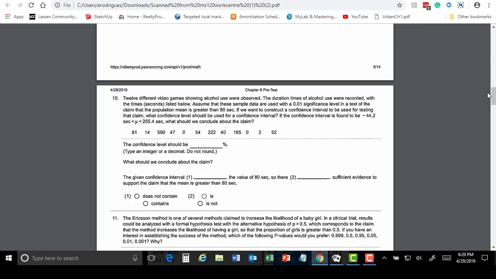If you want to construct a confidence interval to be used for testing that claim, what confidence level should be used for a confidence interval? If the confidence interval is found to be from here to here, do you see? It's giving you from negative 44.2 seconds, with 255.4 on the right. And what should we conclude about the claim?